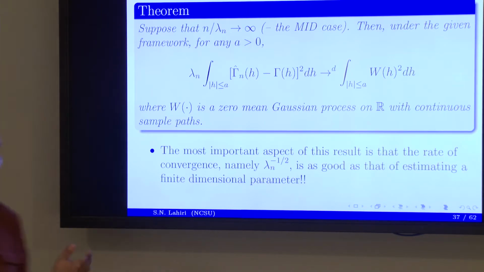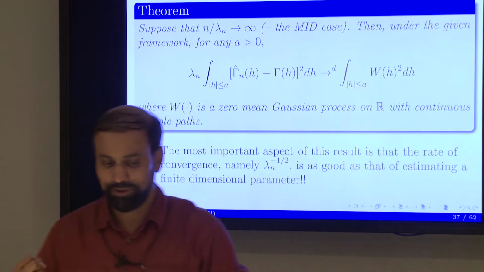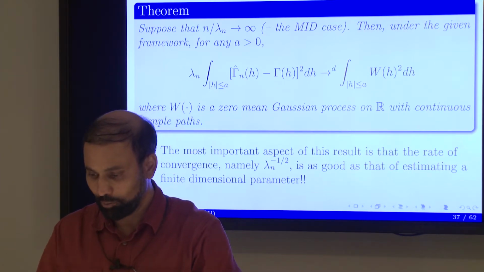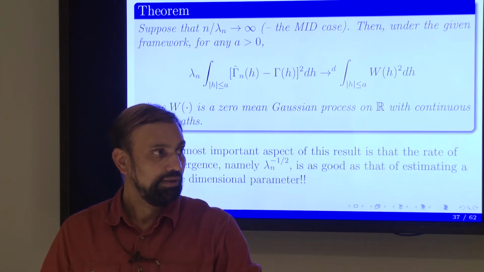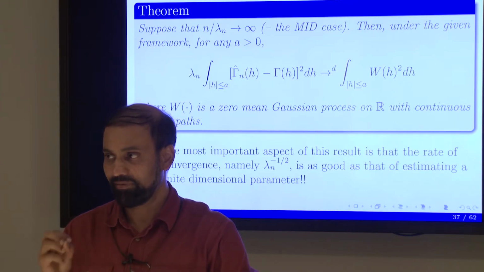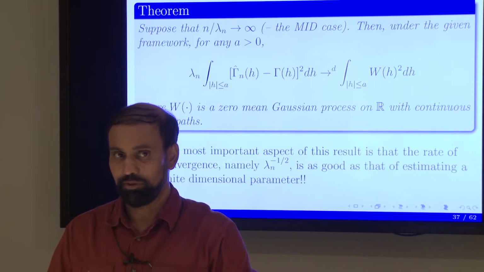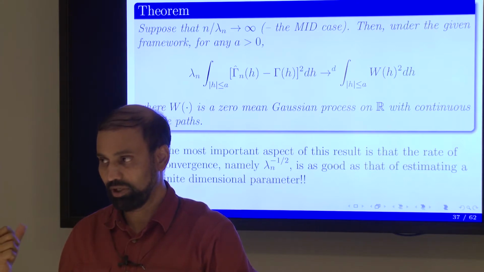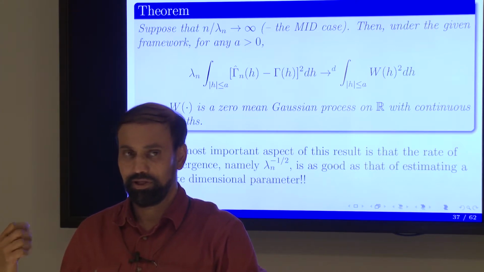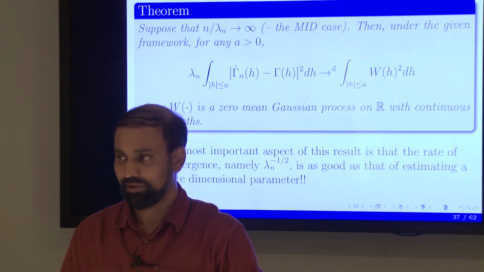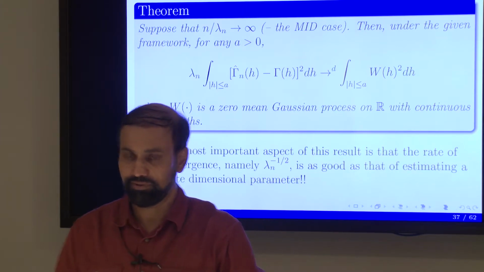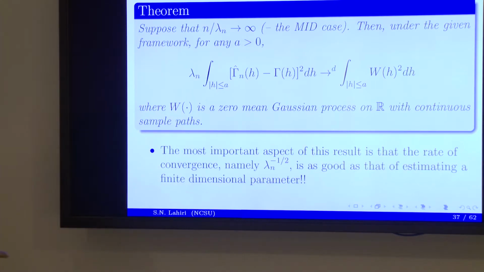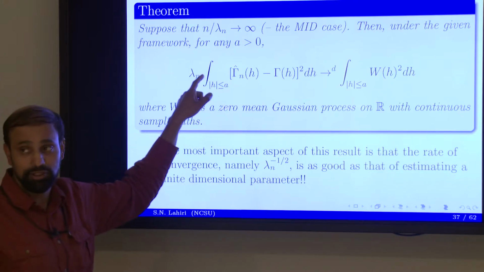So whatever we do just by taking the first step, that is this local estimation of the covariance function, that is very, very inefficient. That will not give you this root n rate of consistency. That will not guarantee the non-negative definiteness of your covariance function. But again, going to the frequency domain and taking care of those negative values and coming back gives you an estimator.